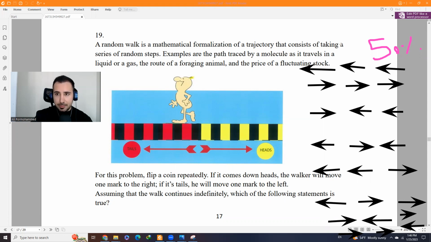Let's see how many of them will go back. This one won't, this one won't. We go right and left, this one will. We go left and then right, this one will. We go left, left, and then right, not enough. Left, right, we go back. Right and left, we go back.